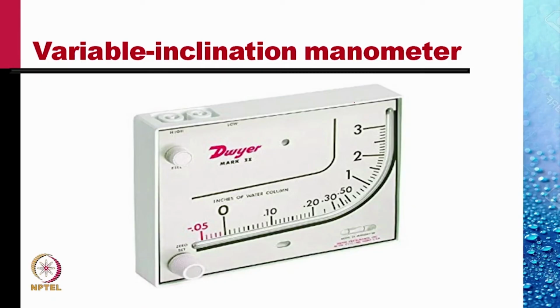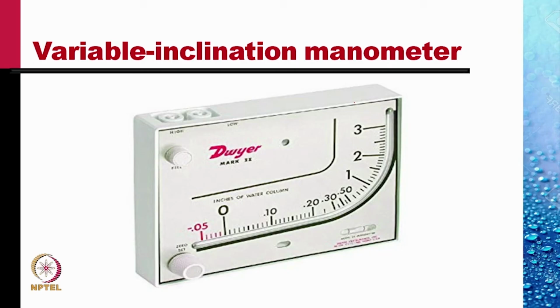This is another inclined tube manometer in which the inclination is variable. The errors in very low measurement of liquid heights are very large compared to errors in the larger height. So we need more inclination when the height of the column is less, but we can do with lesser inclination when the height of the column is more.